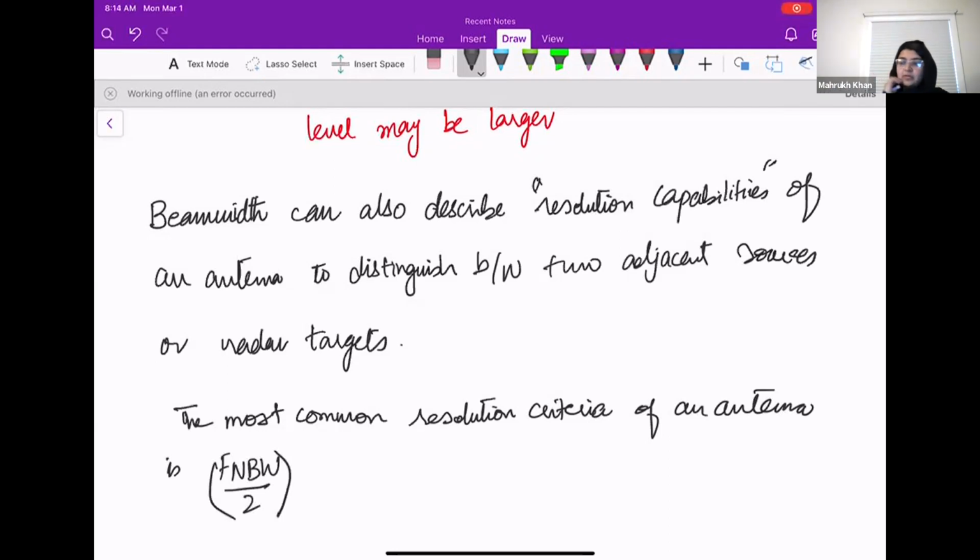So you can resolve two targets if they are separated by half of the first null beam width.